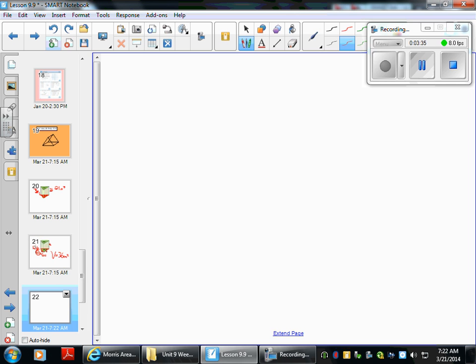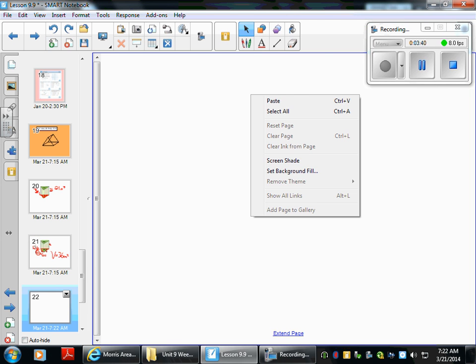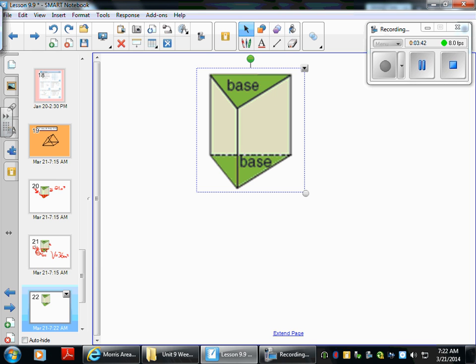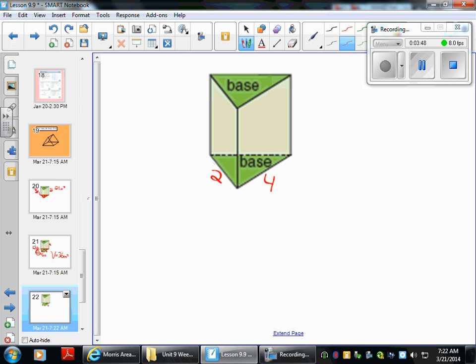This one, we have sides of 2, 4, and 4. It's a triangle on the bottom. I'll label my base first. I'll say this is my base.